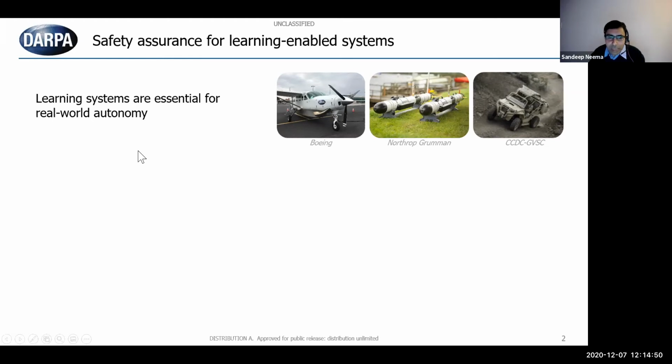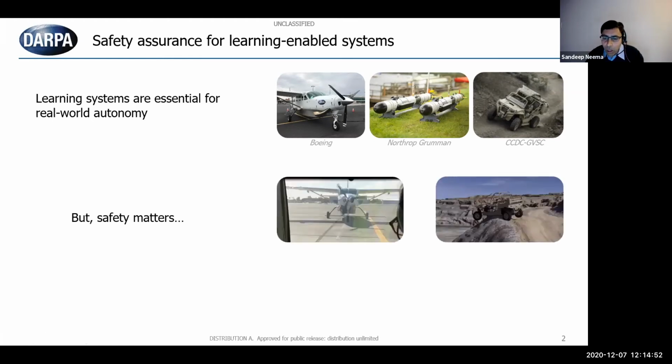That said, we are all aware that machine learning has its own set of brittleness and opaqueness. I'm sure we've all seen our sets of panda and gibbon images where tweaking a few pixels ends up getting a panda characterized as a gibbon and vice versa.